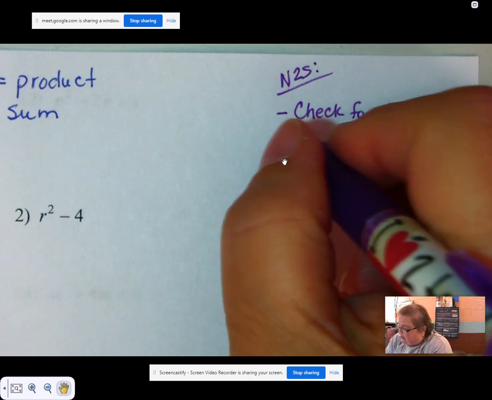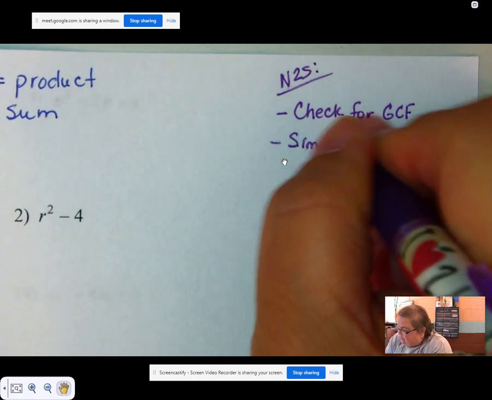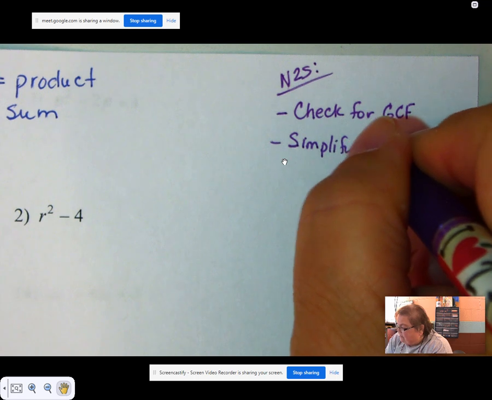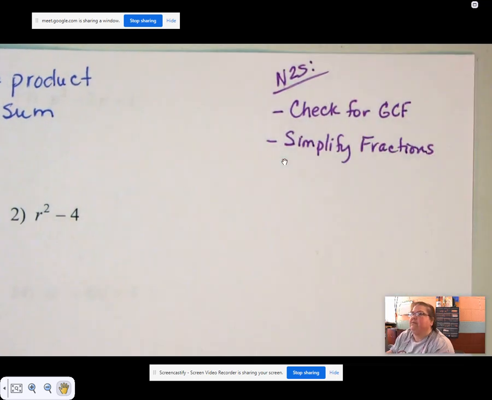Next thing I want to remind you of is to make sure you simplify your fractions. Okay, simplify those fractions. Remember, if A is greater than 1, definitely realize that you're going to need to do that. When A equals 1, you're not going to have a GCF, but you still may have a fraction you need to simplify. So just always simplify your fractions.